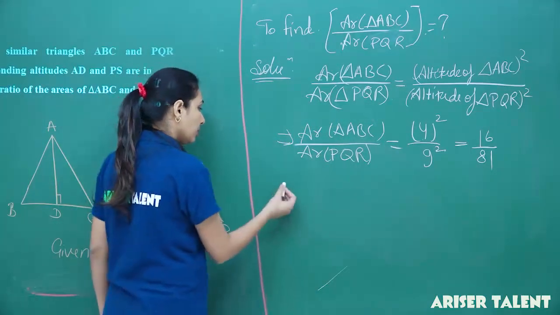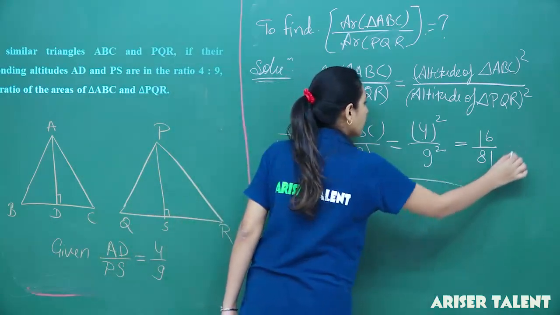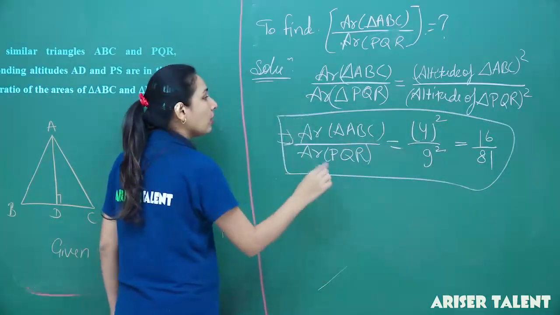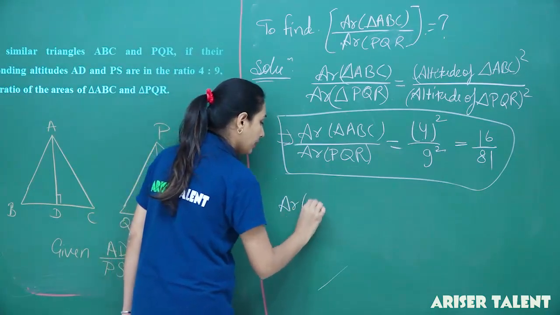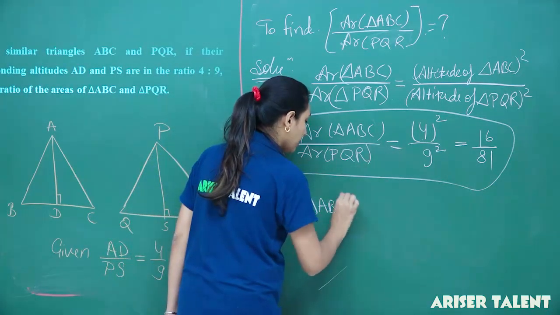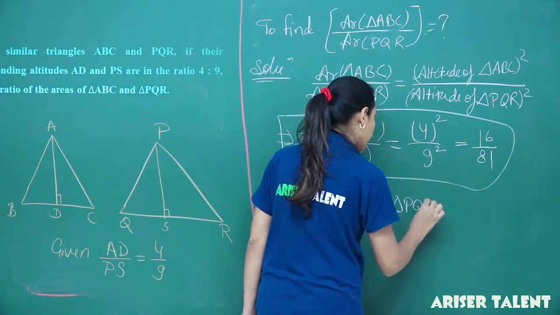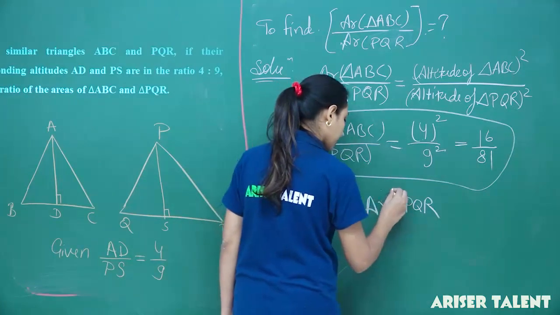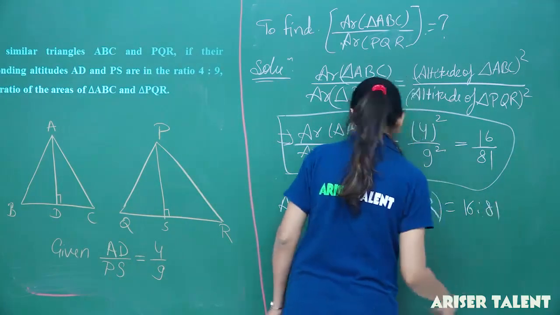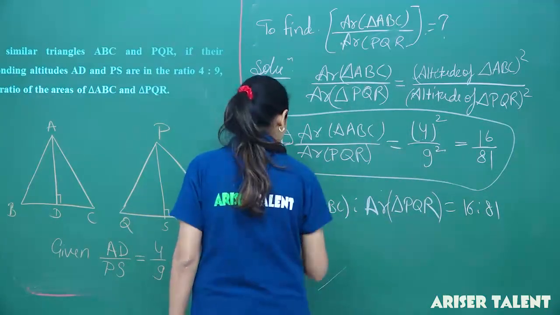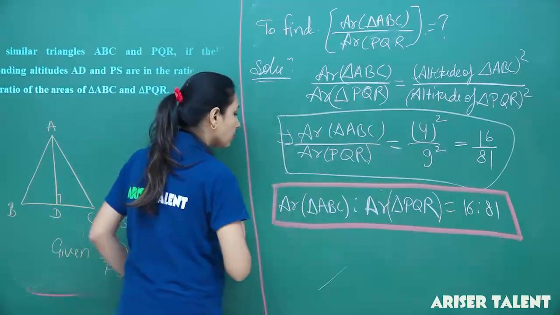Okay, so simply this is the answer. You can also write it like area of triangle ABC ratio area of triangle PQR equals 16 ratio 81. Now this is your required answer.